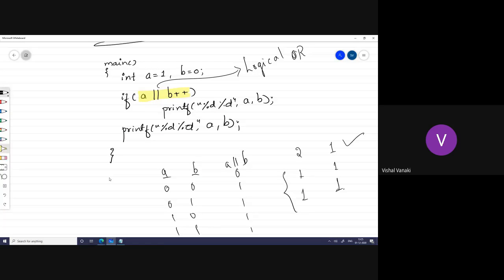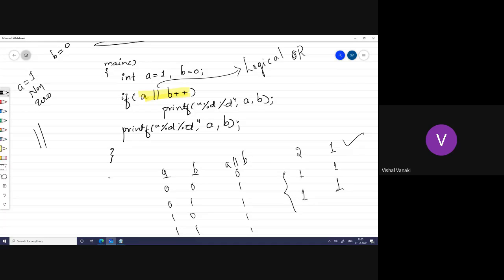Now, look at the scenario here, what is happening. The compiler knows that you are performing an OR operation and A value is equal to 1, which we call a non-zero number, and B is equal to 0.